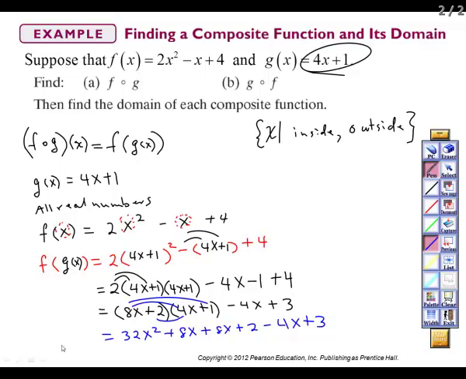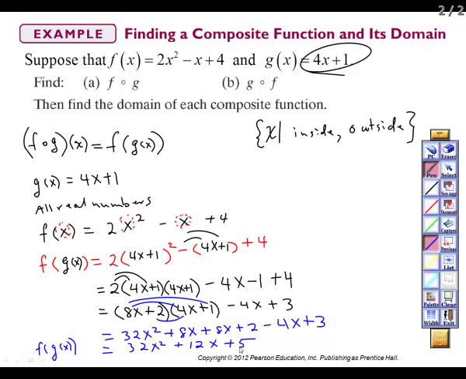And so we end up with f of g of x going to be 32x squared plus 16x plus 16x and a minus 4x, so that'll be plus 12x. 2 and 3, that'll be plus 5.